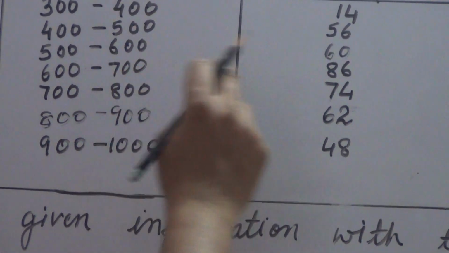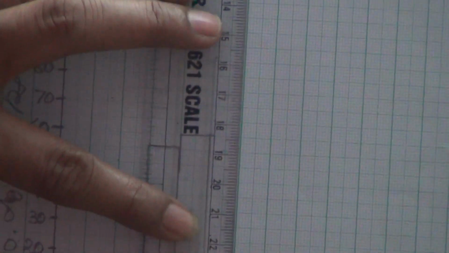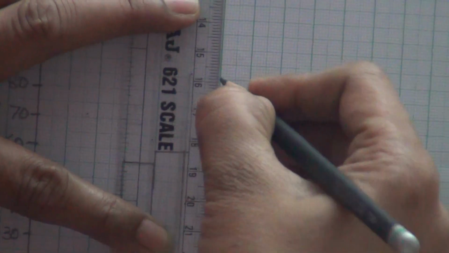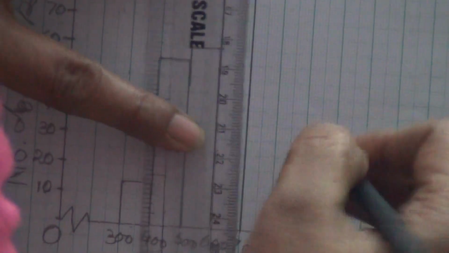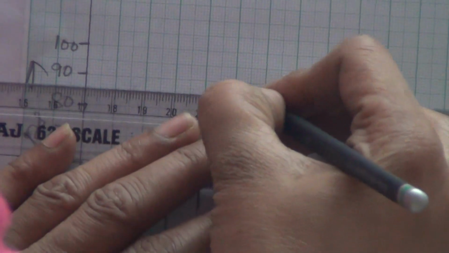600 to 700, number of lamps is 86. Here we find 80 and 85, and a little bit more than this. One small division more than this gives us 86. So the same line we have to proceed. Now here we join this class.